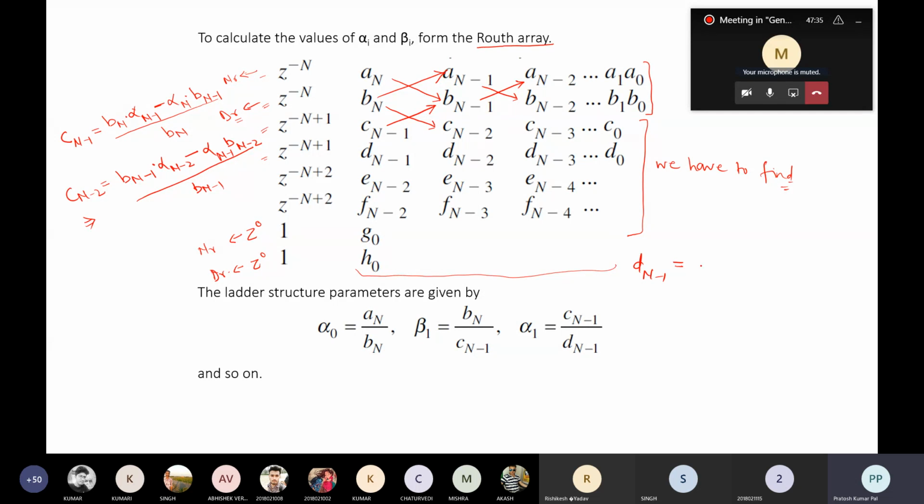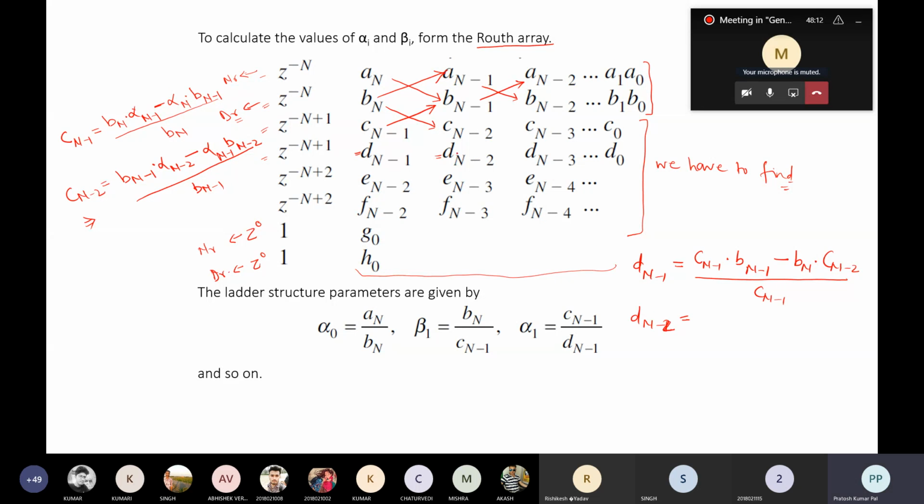So d n minus 1 is c n minus 1 into b n minus 1, minus b n into c n minus 2, divided by the c n minus 1 value. Similarly, once we have found this value, we need to find d n minus 2.